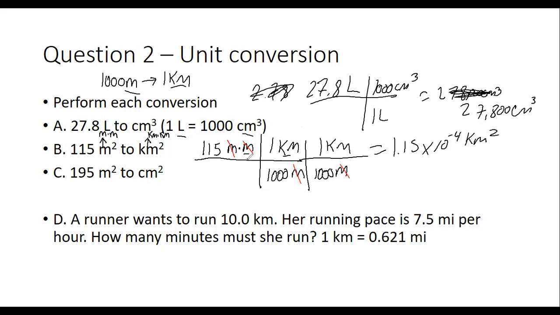If our conversion was 1 liter equals, what would it be? 10 centimeters. You would have to do it. Well, that wouldn't even work. You can't do it 3 times. The reason why you can't do it 3 times is because liter is raised to the power of 1. cm is raised to the power of 3.